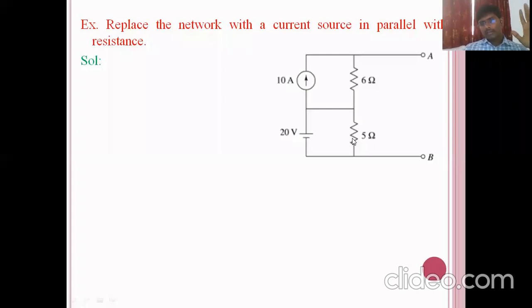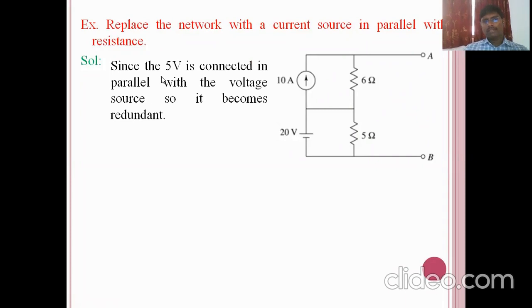But for a voltage source, the resistance should be in series. There is no use even if you connect a resistance in parallel with the 20 volts, because the same 20 volts appears. It's a duplication. Therefore, this 5 ohm becomes redundant, as it is connected in parallel with the 20 volt source.